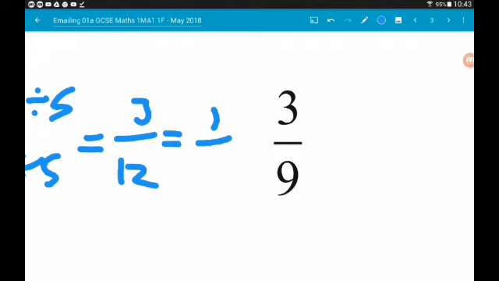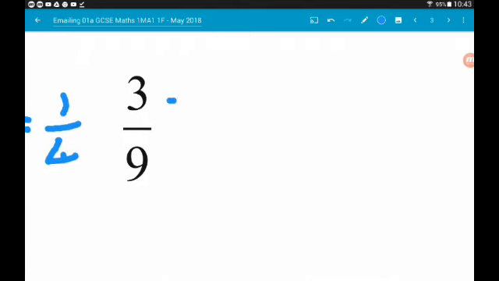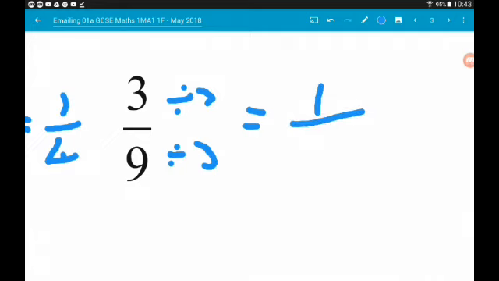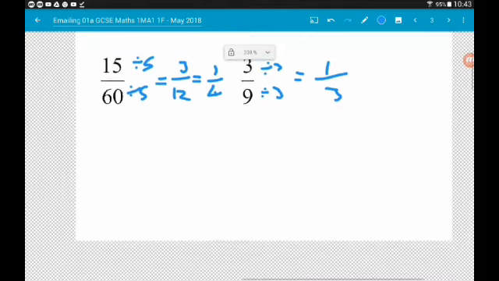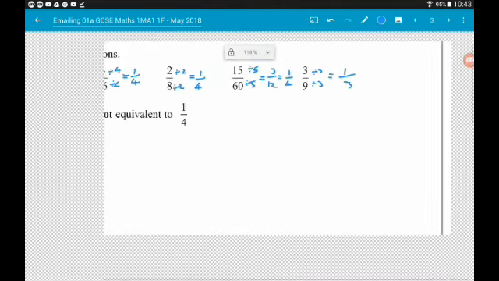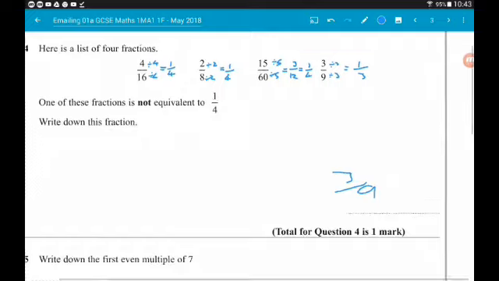So that does simplify to 1/4. 3/9 has a common factor of 3. 3 divided by 3 is 1. 9 divided by 3 is 3. So 1/3 is not 1/4. So our answer is 3/9. Cool.